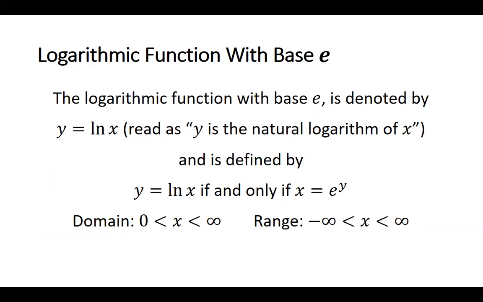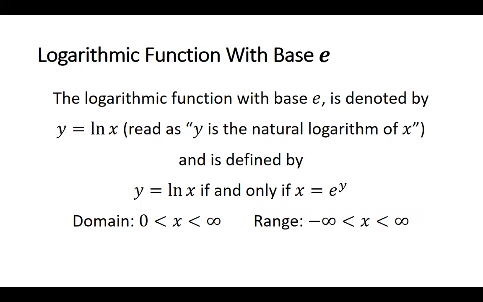Logarithmic function with base e. When you have a logarithmic function with base e, it's denoted by y equal to ln x, which is read as y is the natural logarithm of x, or we know it as the natural log of x. It is defined by y equals the natural log of x if and only if x is equal to e to the y.